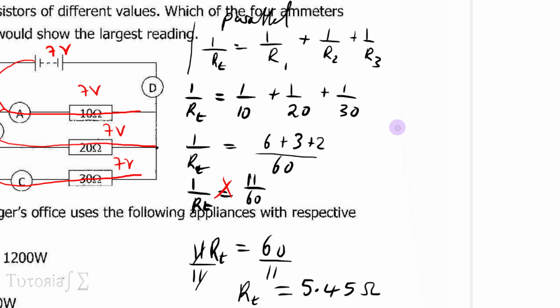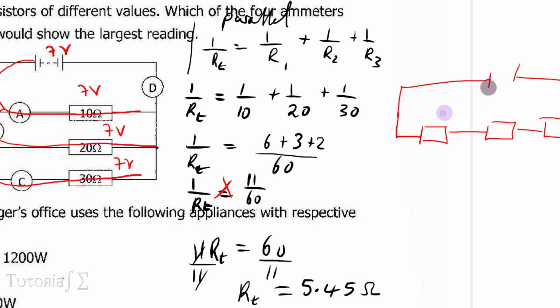But for series, for instance, if we have resistors like that in series, this is resistor 1, resistor 2, and resistor 3. When voltage goes through the first one, it decreases.